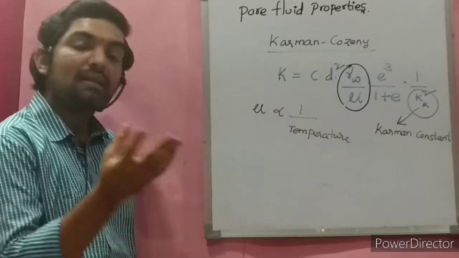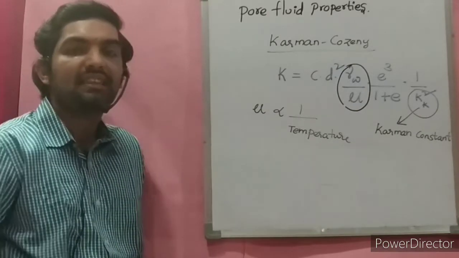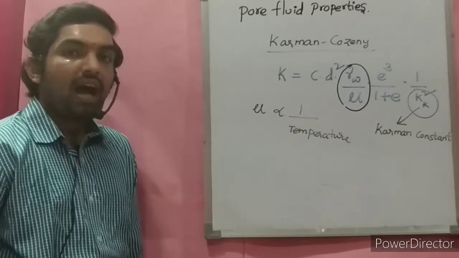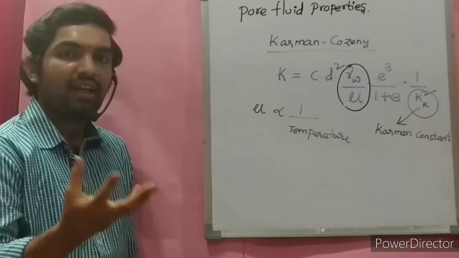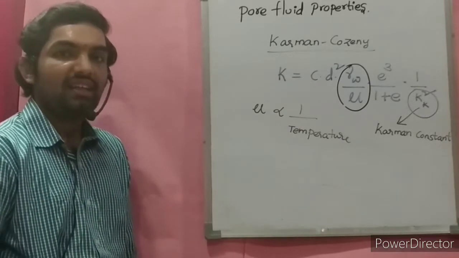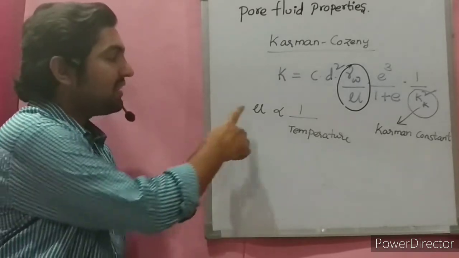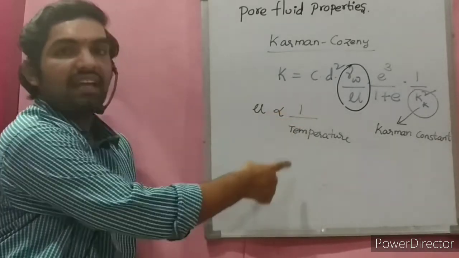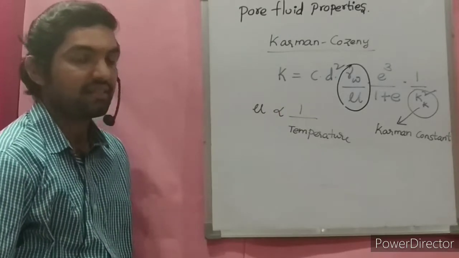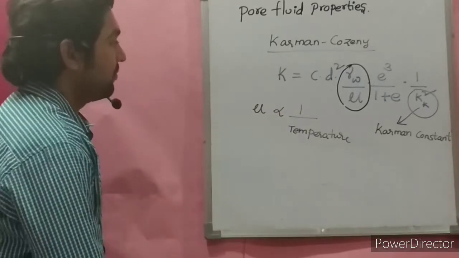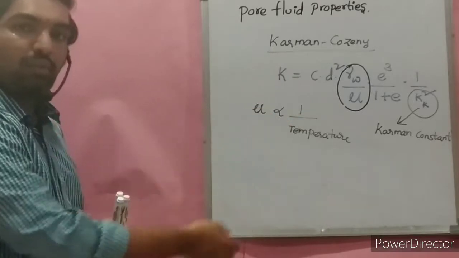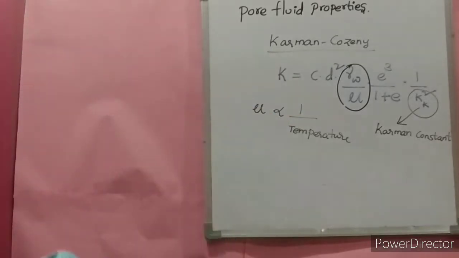Oil is the best example to understand the viscosity concept. Oil in the winter season gets frozen because of temperature only. Hence we can say that viscosity varies inversely with temperature. Permeability is directly proportional to temperature.